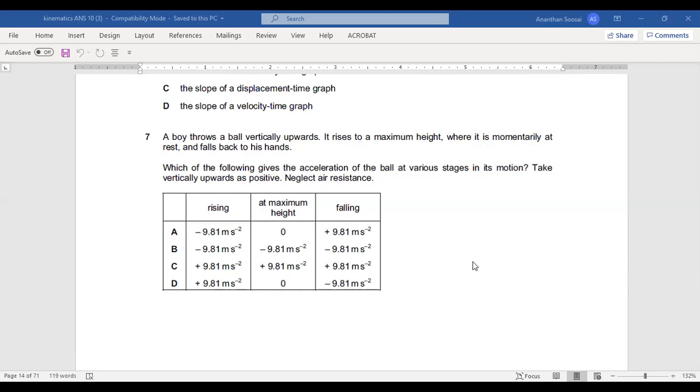Can gravity change? No. Gravity never changes. It is not affected by your state of movement. Whether you are moving up, moving down, or stationary, gravity never changes. Gravity is always 9.81. So when you are at the maximum height, your gravity is still 9.81, right? Yes. So what's the answer?